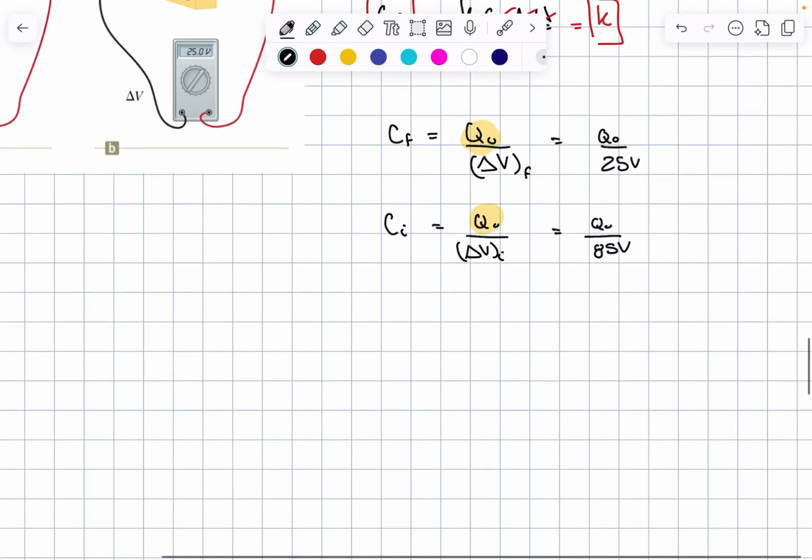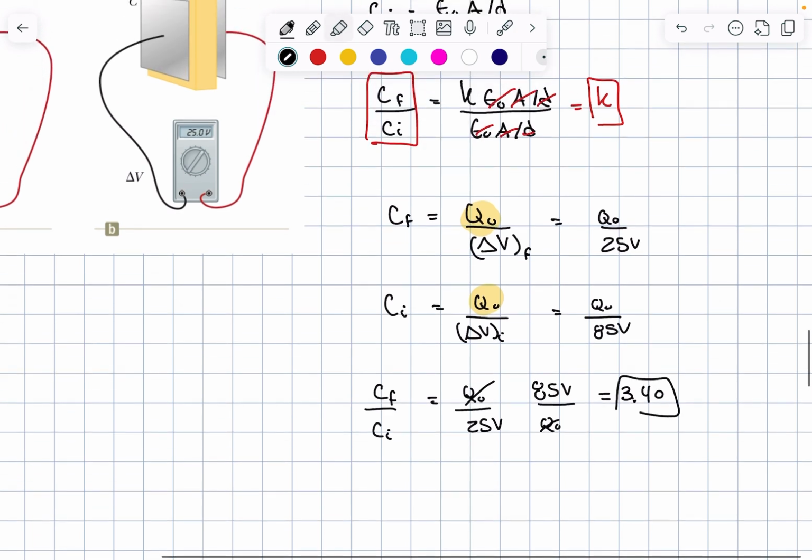Then we say, okay, what is CF divided by CI? Q naught divided by 25 volts, divided by 85 volts divided by Q naught. Q naught cancels, and we get 85 divided by 25, which is equal to 3.4. And that is our dielectric constant, K, right?